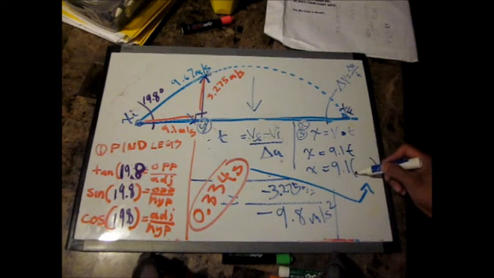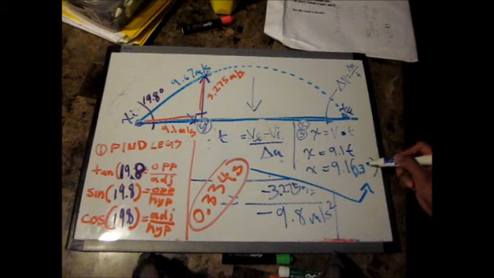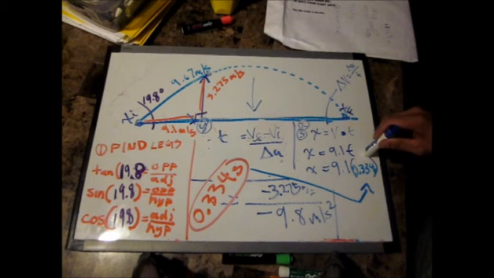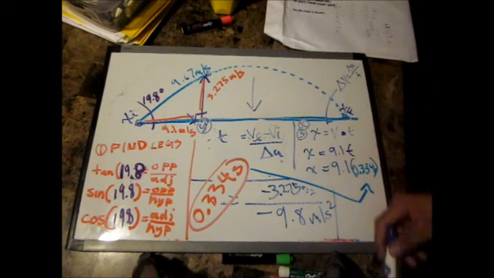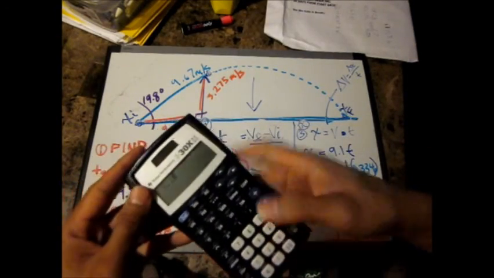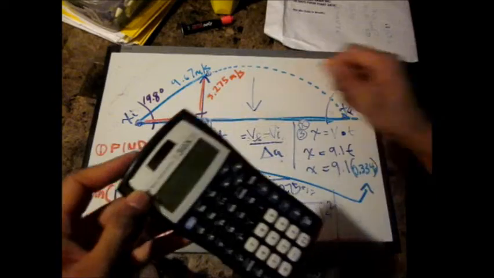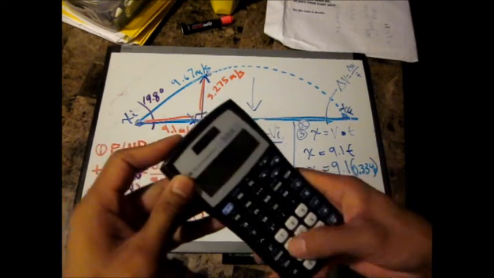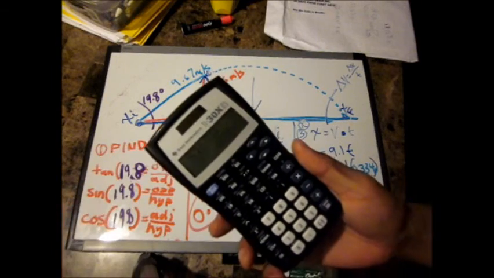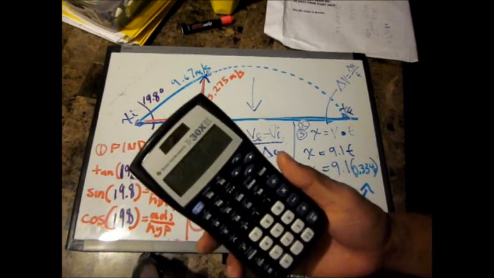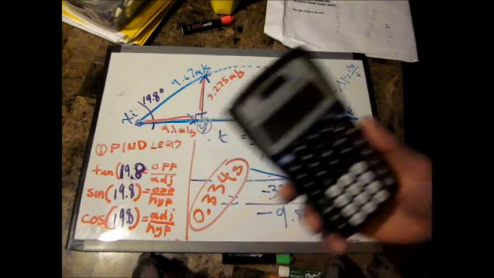And remember, that time is simultaneous to this time, so we can plug that in there at 0.334 seconds. So we multiply this time by our velocity on x. Here we go. 9.1 is our velocity of x, multiplied by 0.334, and we get 3.039 meters.